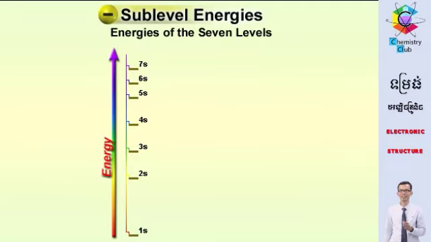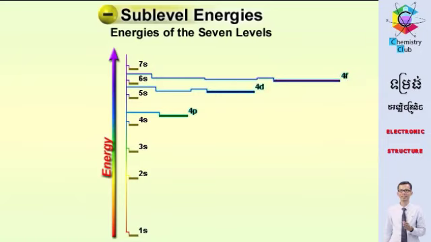As the level number increases, the energy differences between the levels become smaller, and the differences due to sublevel spacing become more significant than those due to level. As a result, the sublevels at the higher energy levels end up overlapping those from the lower energy levels.